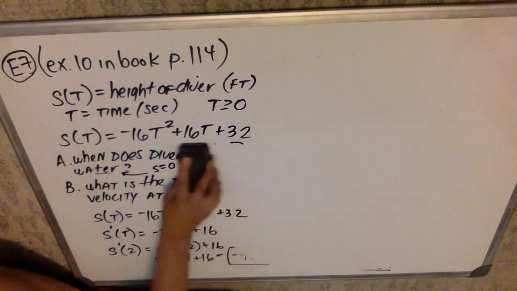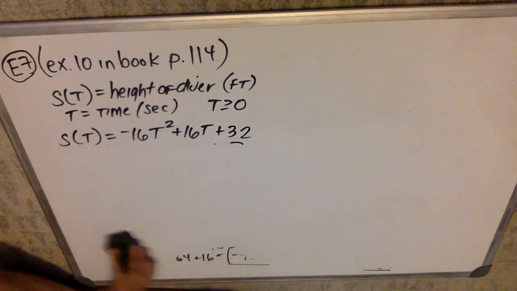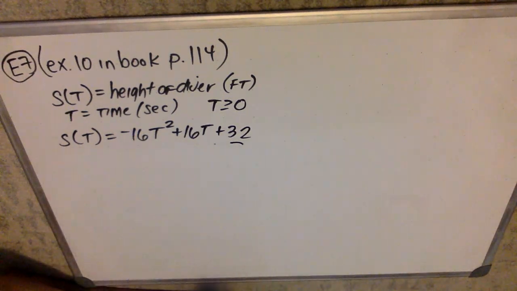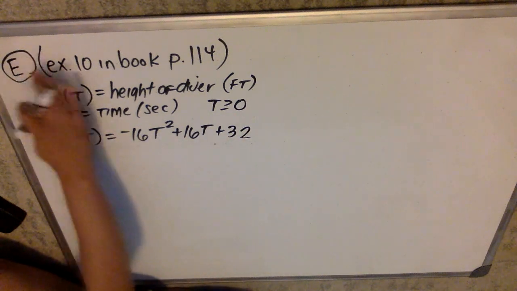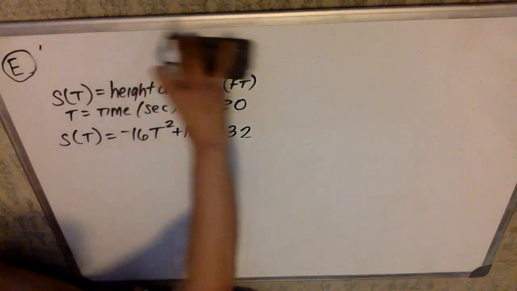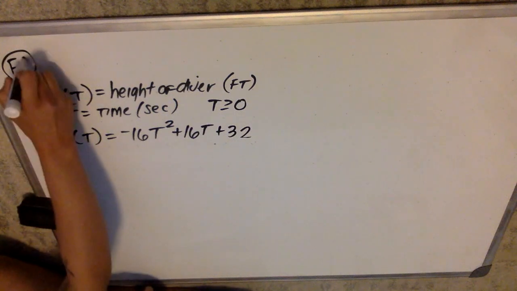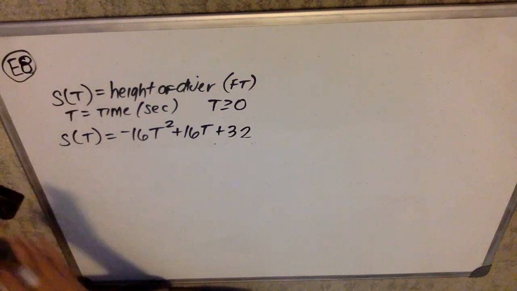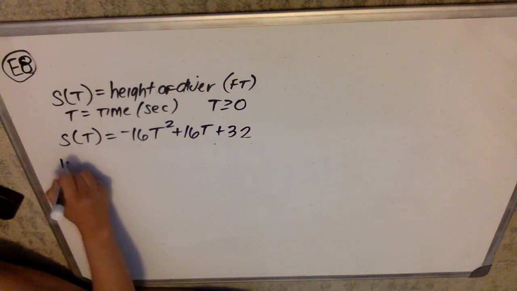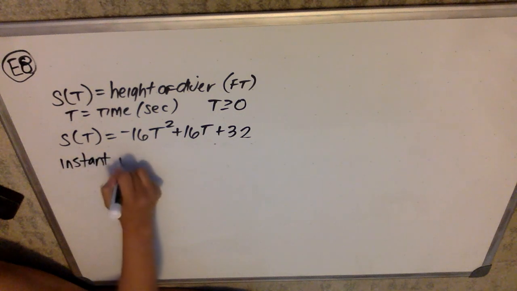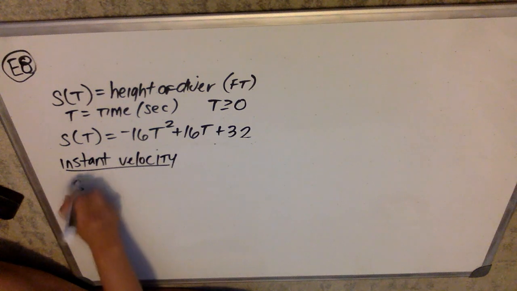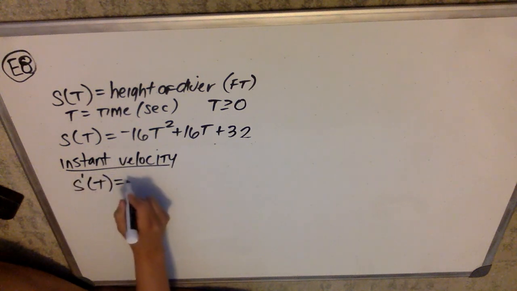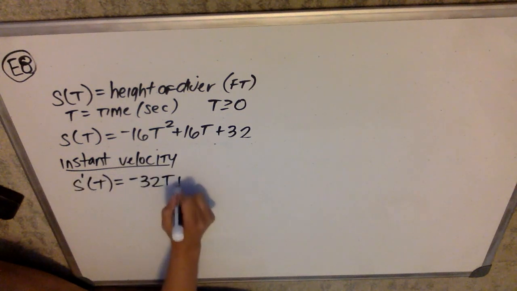We can even use this diver as our example. Let's actually go ahead and spin this into an example 8. Let's do a quick example 8 and just do a comparison. We already know that the instant velocity was S prime of t equals negative 32t plus 16.